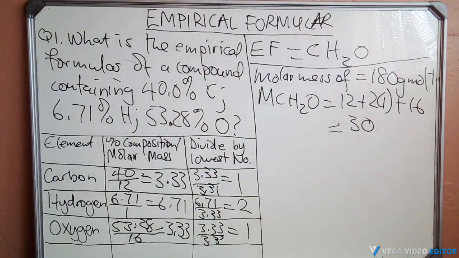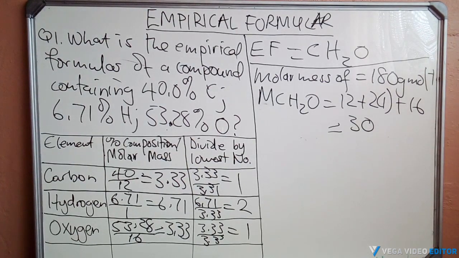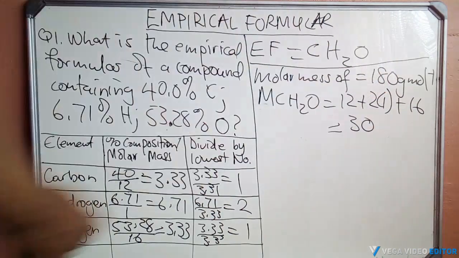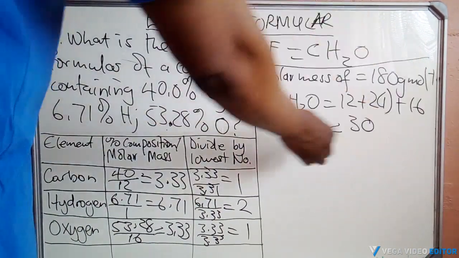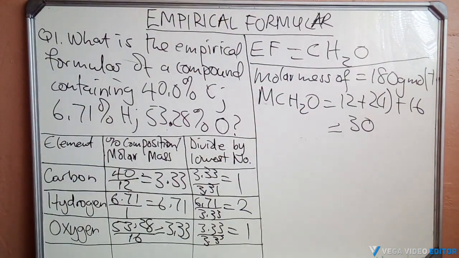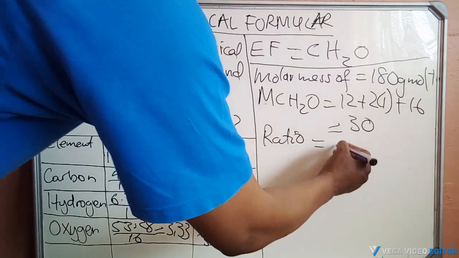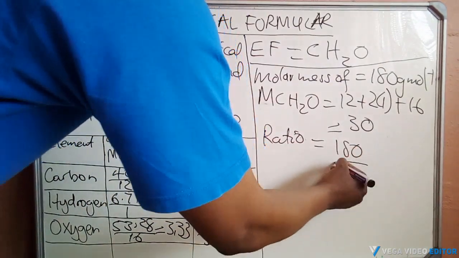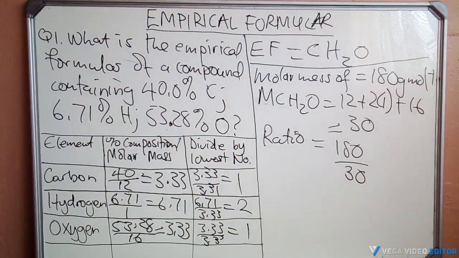That is our mass. Now, once we've got our mass of 30, we want to find the ratio of the molar mass of 180 to the mass of the empirical formula. So the ratio is going to be 180 divided by 30.